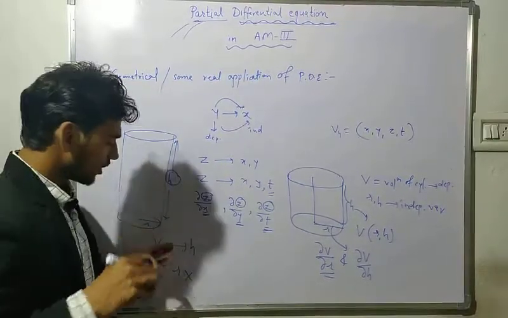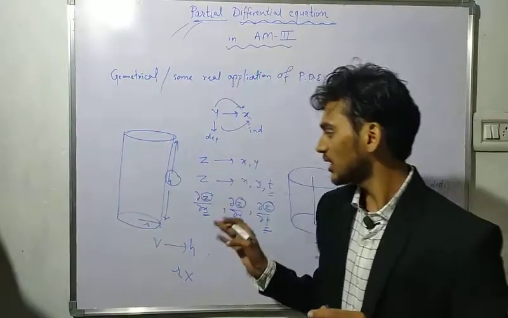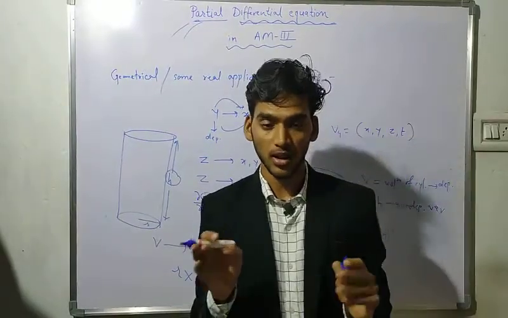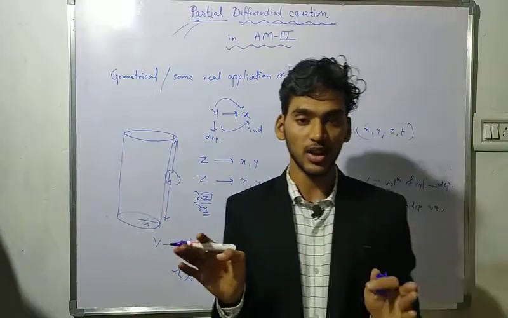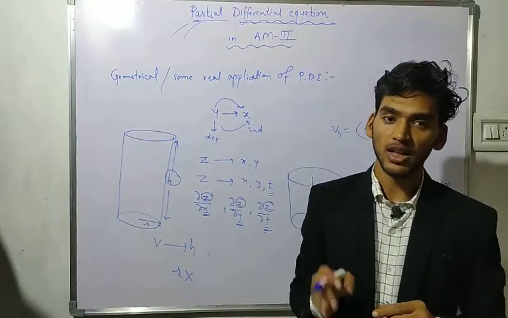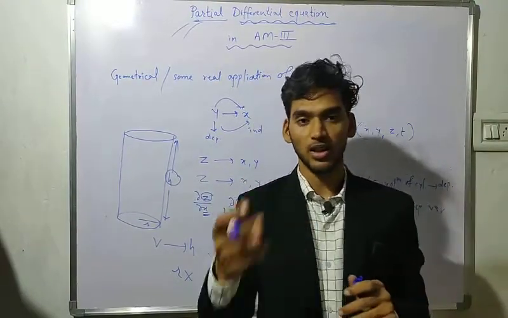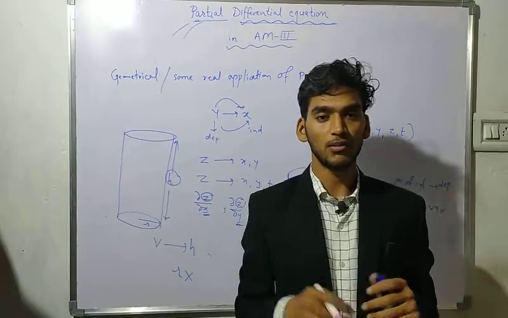Okay, so in this case we have to find the partial derivatives of the volume of that cylindrical shape. There are some different types of applications that we will learn after some lectures.